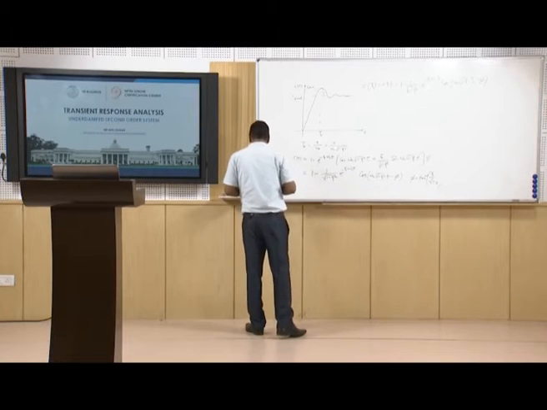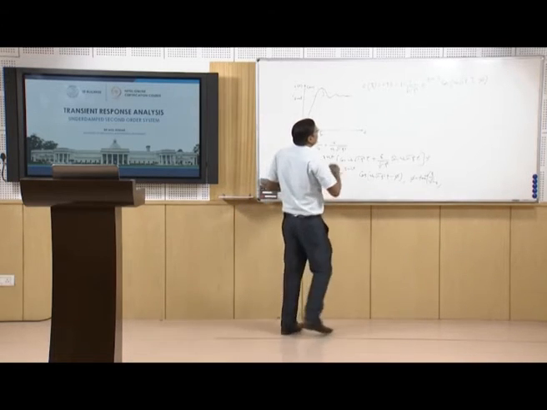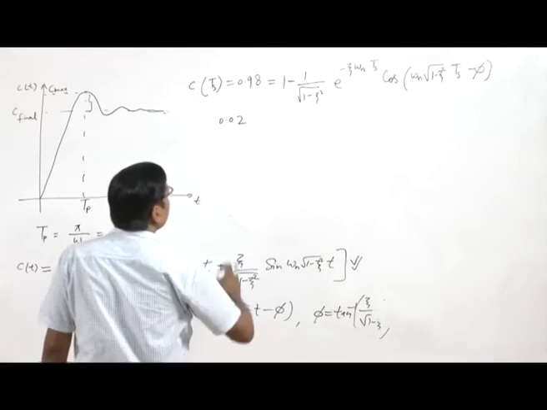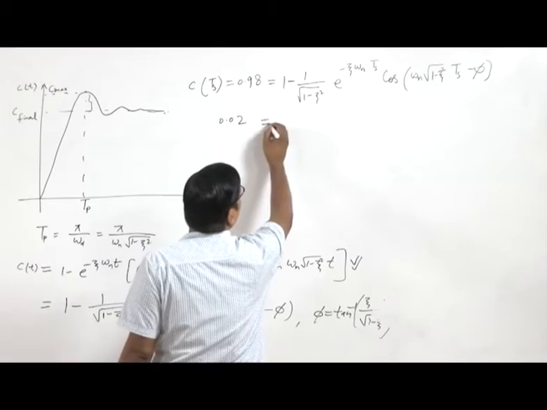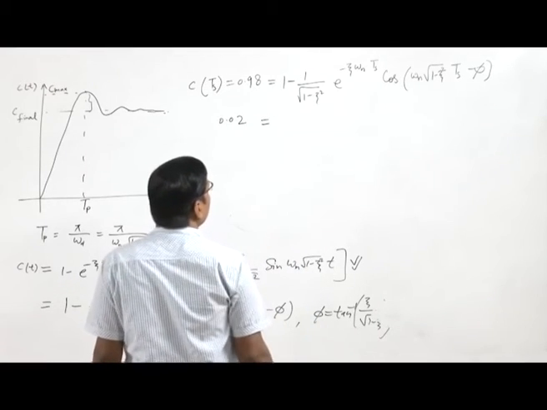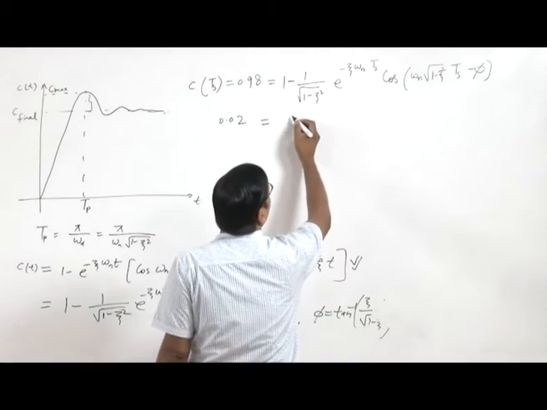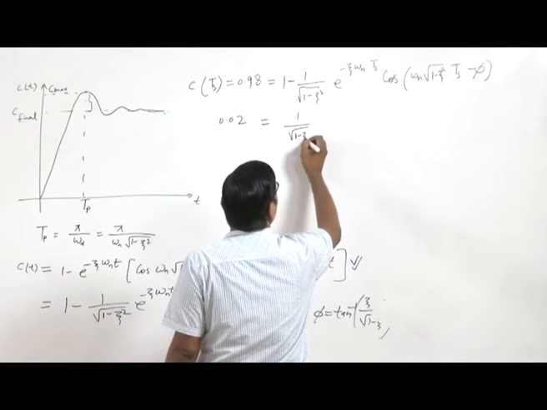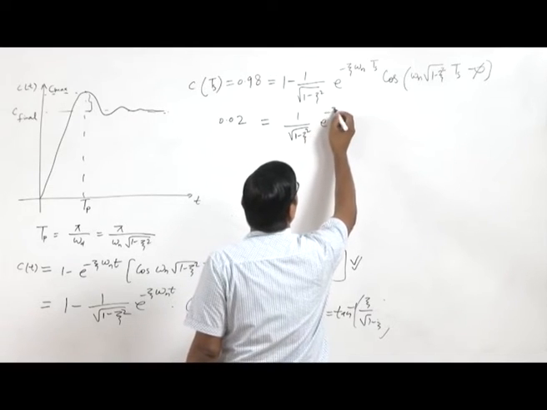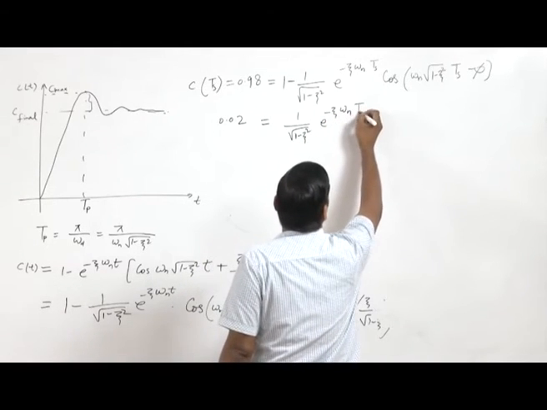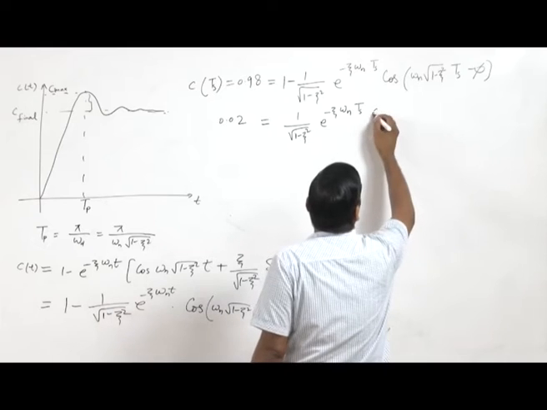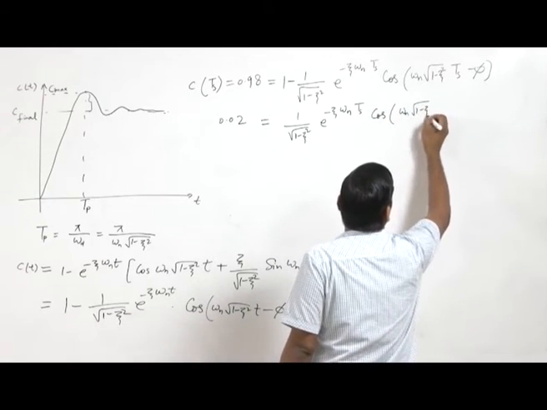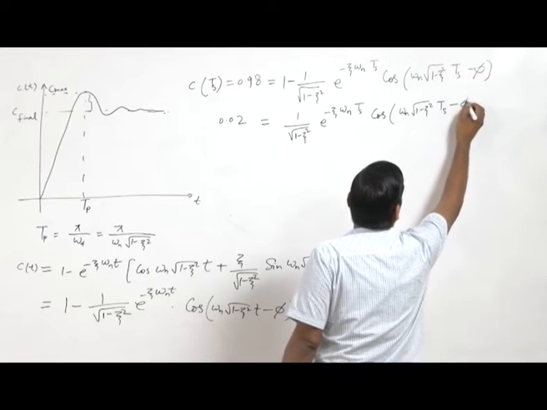And from here we will get that 0.02 equals 1 by root 1 minus zeta square, exponential minus zeta omega n Ts, cos of omega n root 1 minus zeta square Ts minus phi.